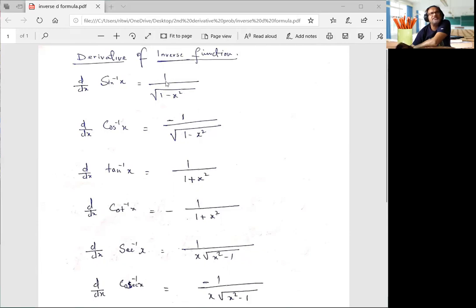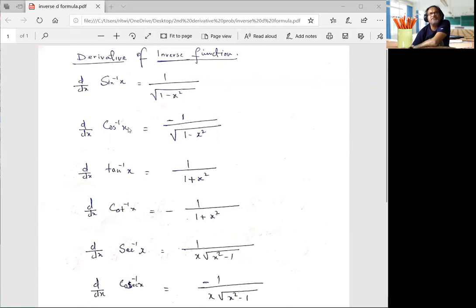Just the difference is that it has a minus. Now d/dx of tan inverse x is 1 by 1 plus x square. And similarly, the derivative of cot inverse x is 1 by 1 plus x square along with the minus. And similarly, you can see these also.